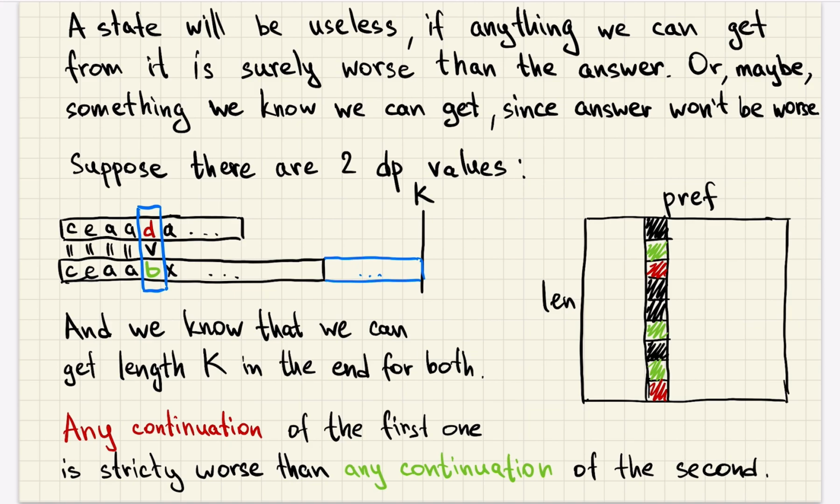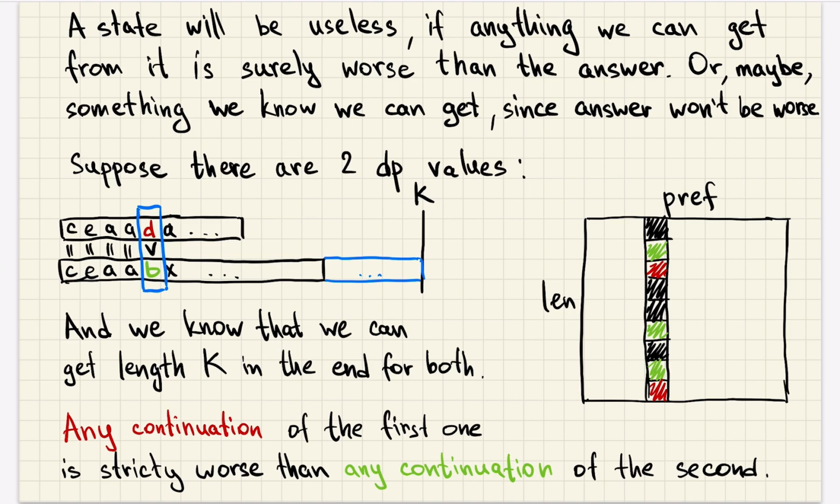We don't know the answer yet, but we do know something. Maybe we know that there is some string we can surely get, so the answer is not worse than that. Then if everything we can get from one of the states is worse, then that state is useless and we can just forget about it.